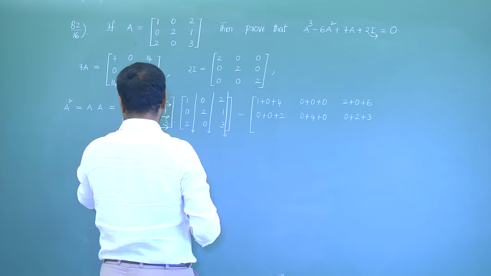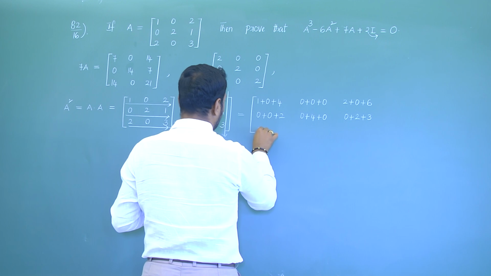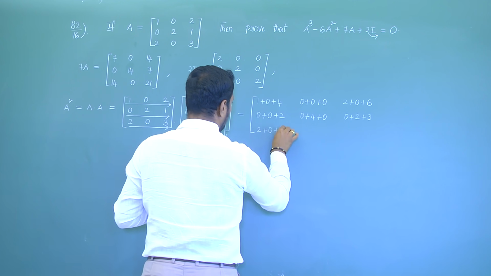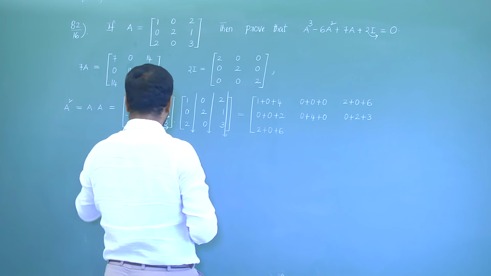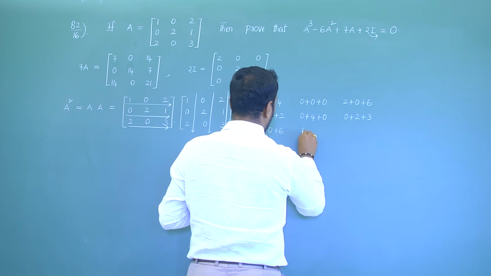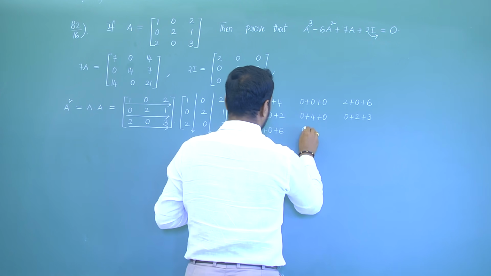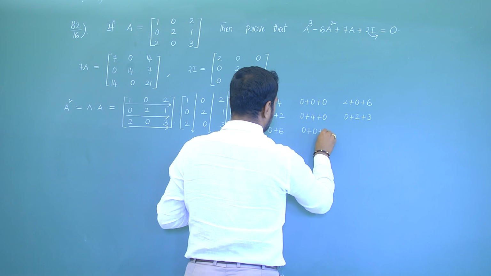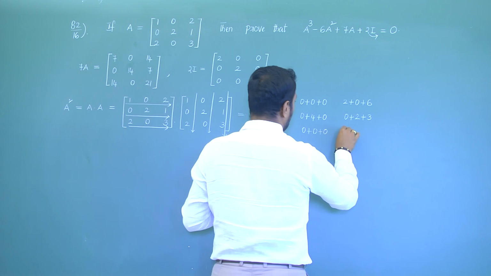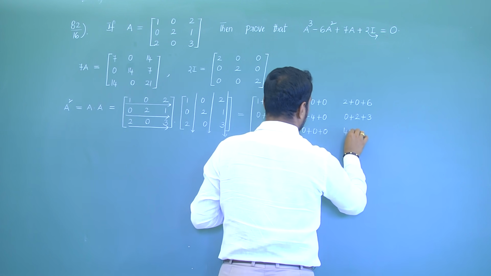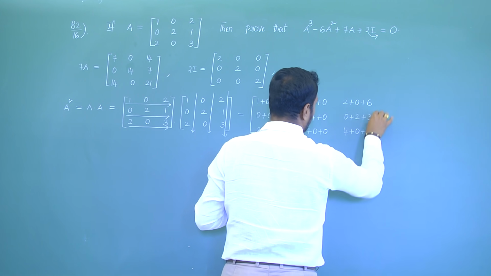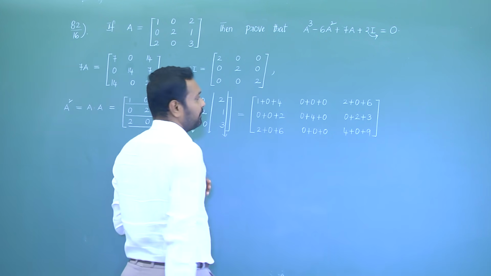Third row, first column: 2 into 1, 2 plus 0 plus 3 into 2, 6. Third row, second column: 2 into 0, 0 plus 0 plus 0. Third row, third column: 2 into 2, 4 plus 0 into 1, 0 plus 3 into 3, 9.